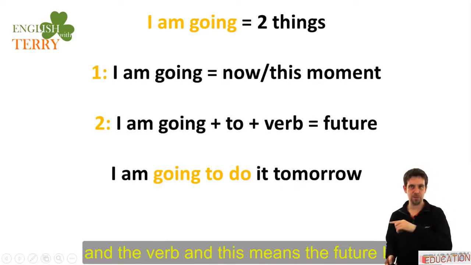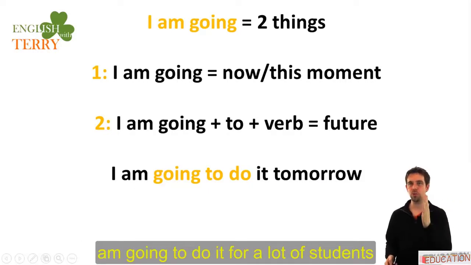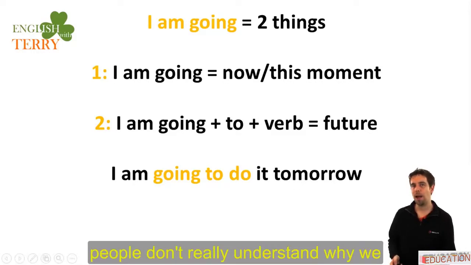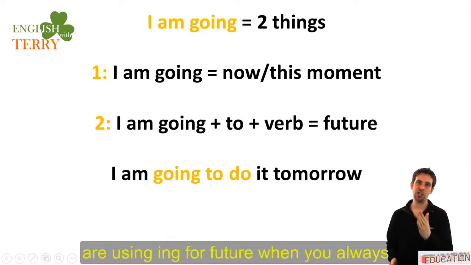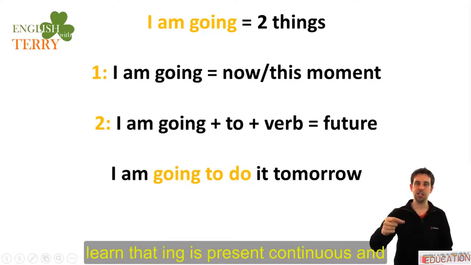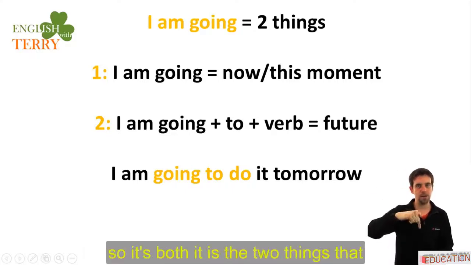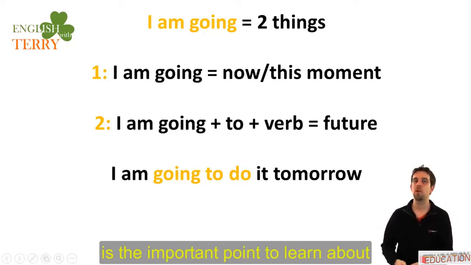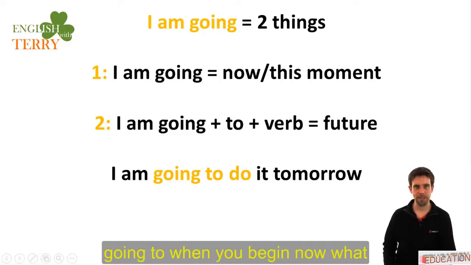And this means the future. I am going to do it. For a lot of students, people don't really understand why we are using ing for the future, when you always learn that ing is present continuous and for now. So it's both. It is the two things. That is the important point to learn about going to when you begin.